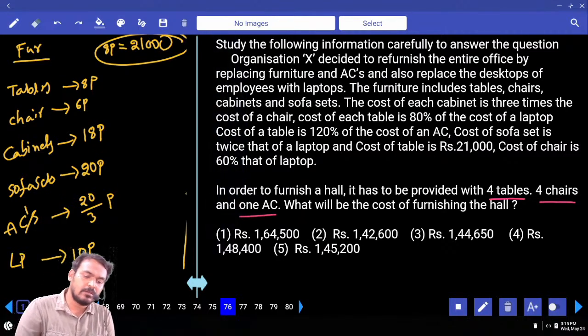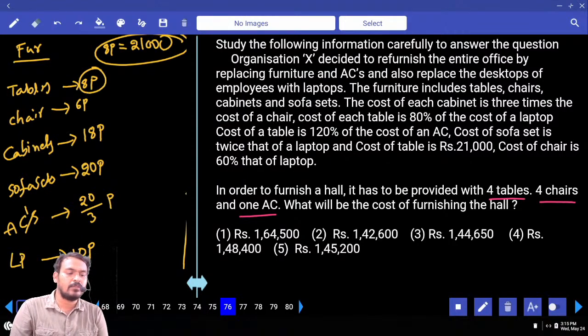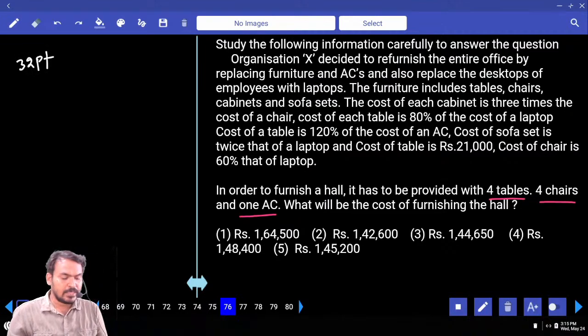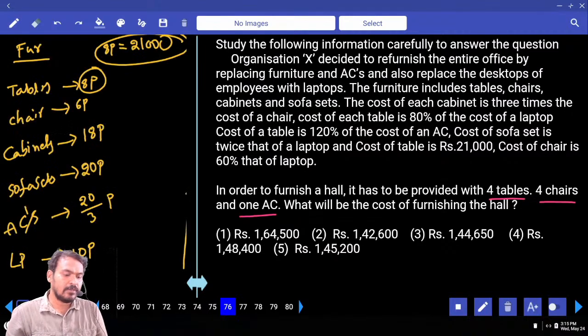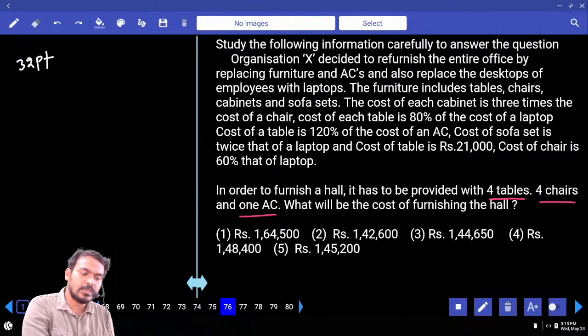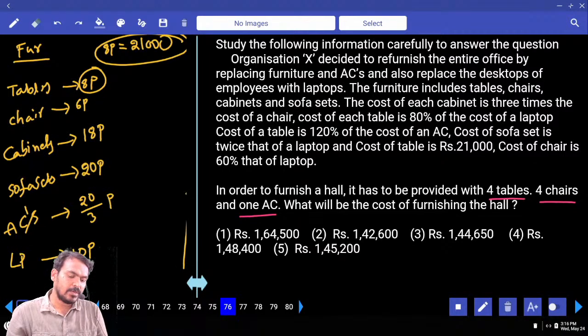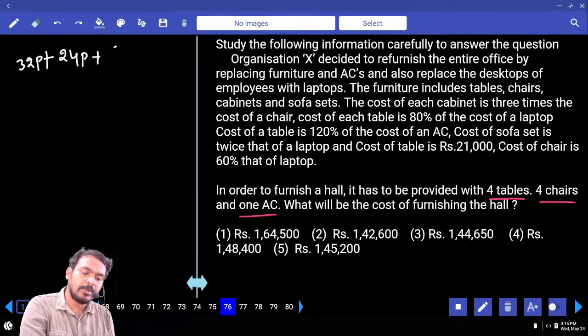4 tables means what is each table value? 8 parts. 4 tables value is 4 into 8. How many parts? 32 parts. Plus how many chairs? 4 chairs. Every chair 6 parts. 4 chairs means 24 parts. Next, how many ACs? 1 AC. 1 AC means 20 by 3 parts.